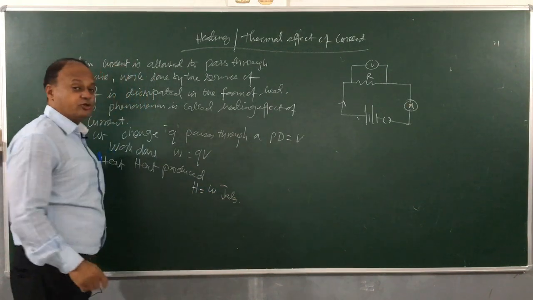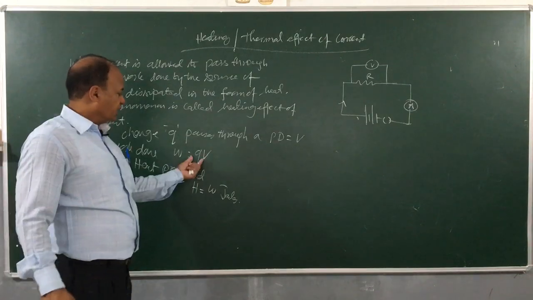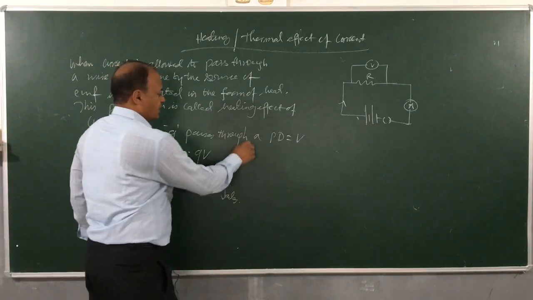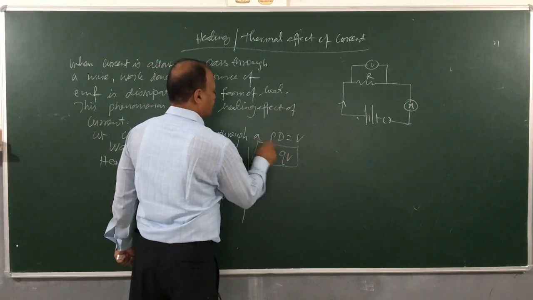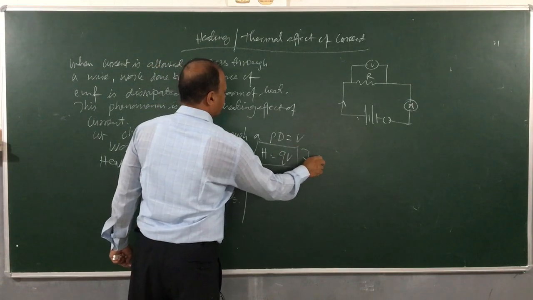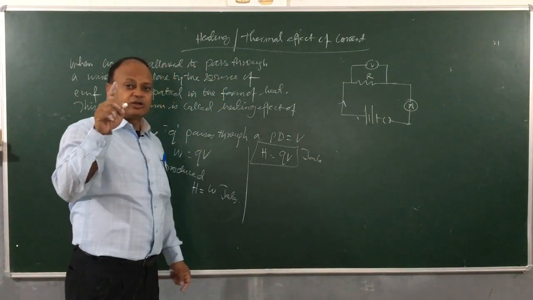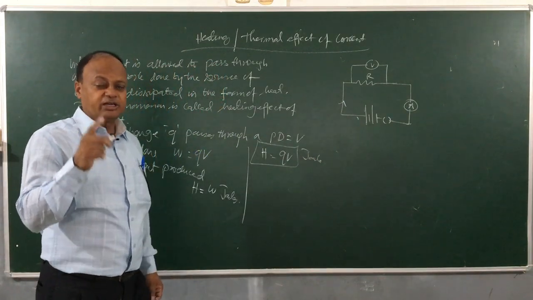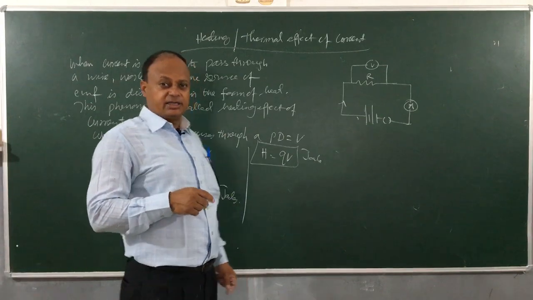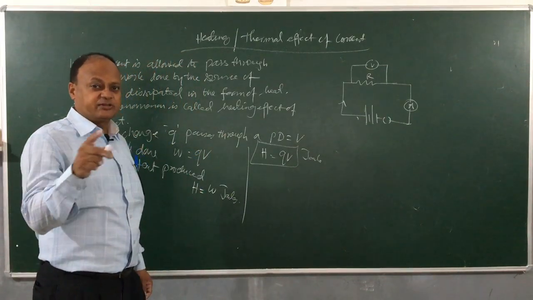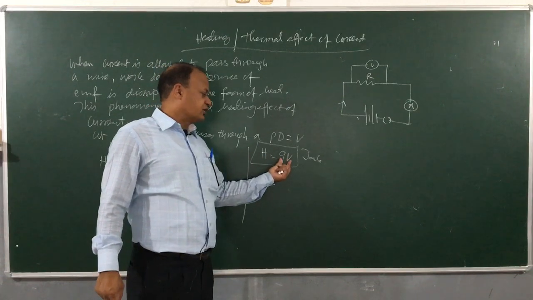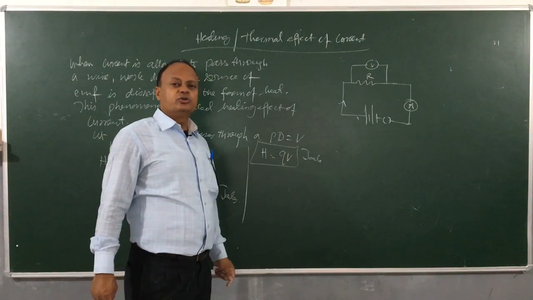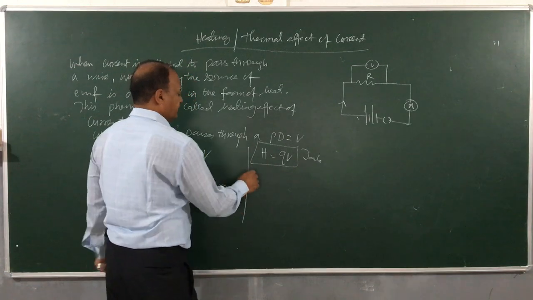If you are calculating heat produced in joules and not in calories, then I can use this value only, H equals Q into V. But remember, when I am using this, the unit of heat here is joule and not calorie. For converting joules into calories, in class 11 Joule's law, we will be dividing by J, that is 4.2. I will be writing that also. So, heat produced in joules is equal to Q into V.